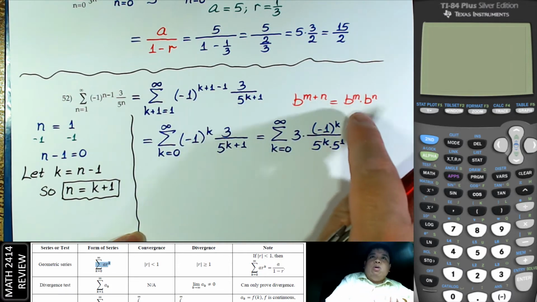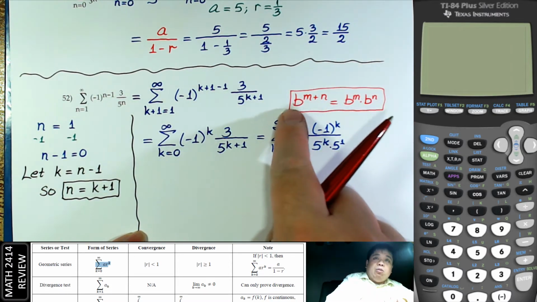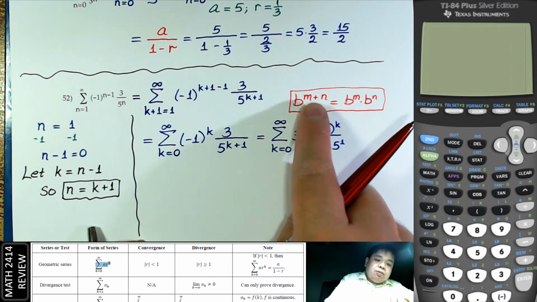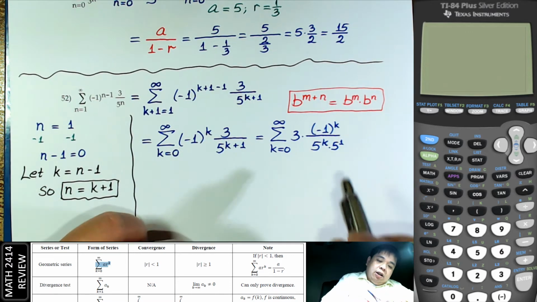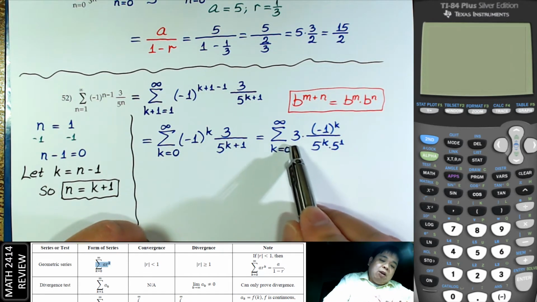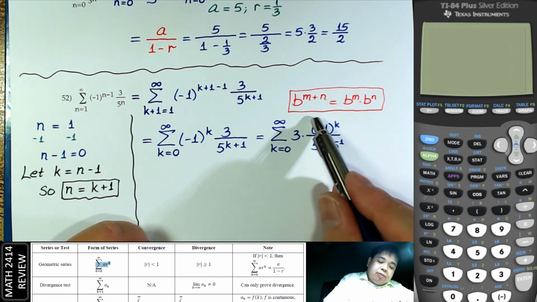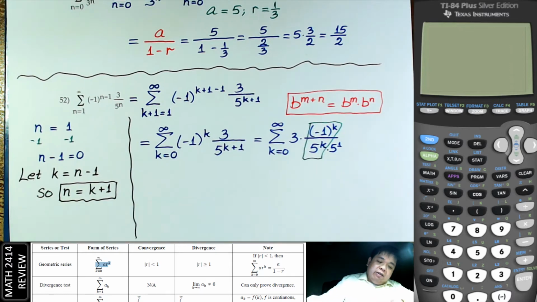of course we can go from right to left or left to right of that equation. This time we go from the exponent being a sum to a product. Now the 5 here doesn't have the power of k, and we move that below the 3 here. Bottom line, I want to put both of these under the power of k.